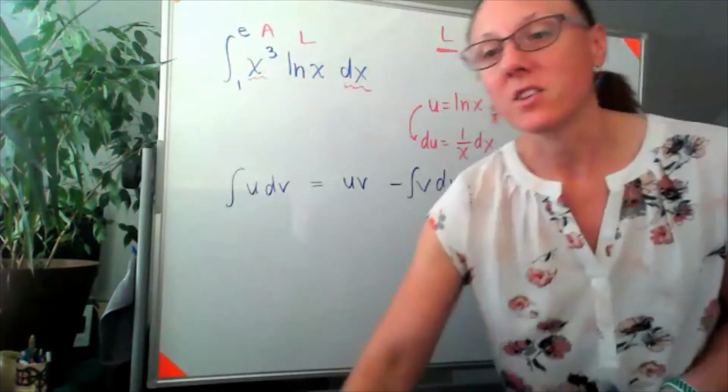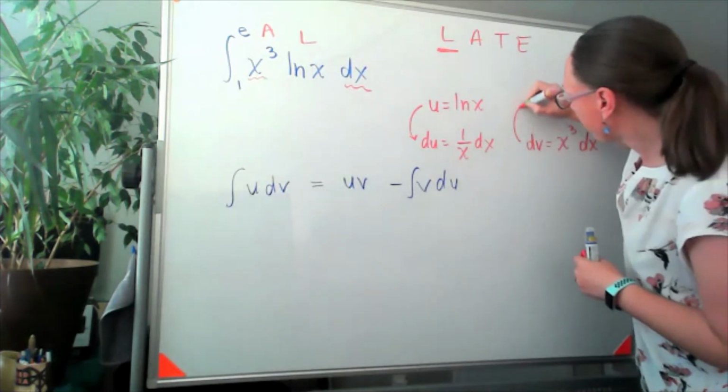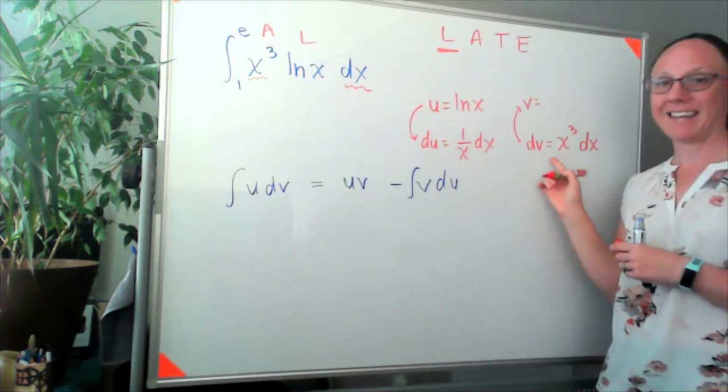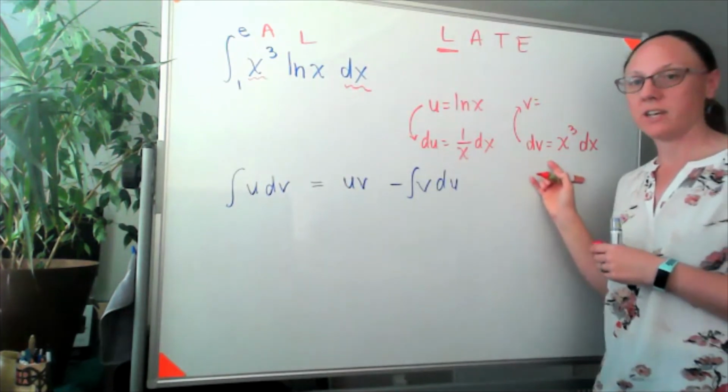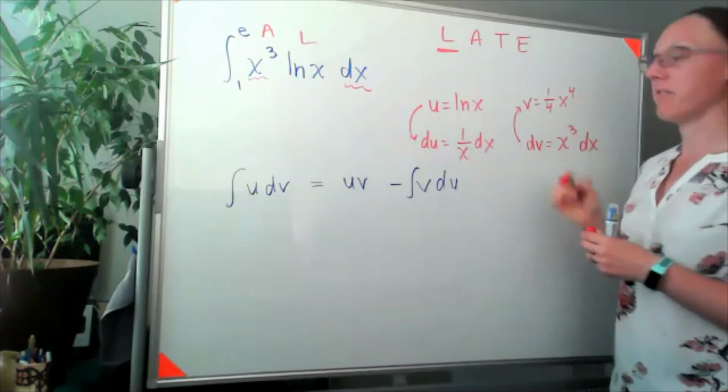Well, if dv is x cubed, then when I find that antiderivative, the antiderivative of x cubed is going to be 1/4 of x to the 4th.